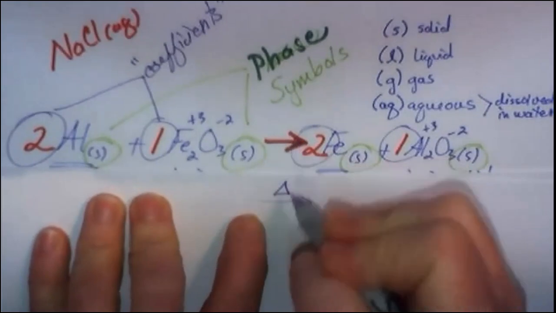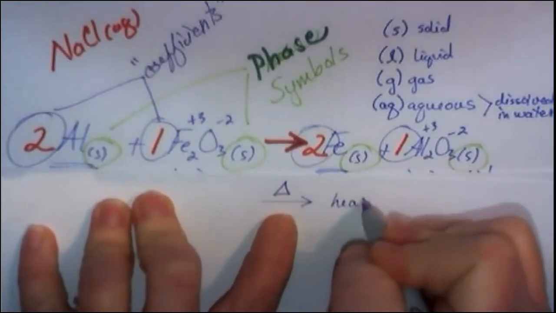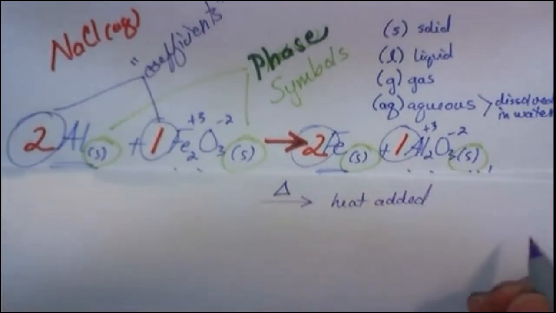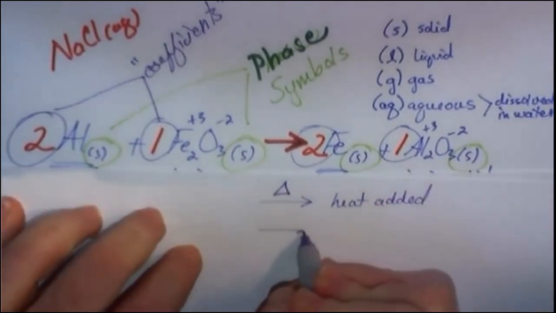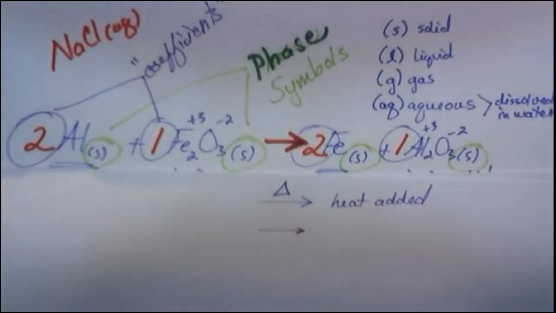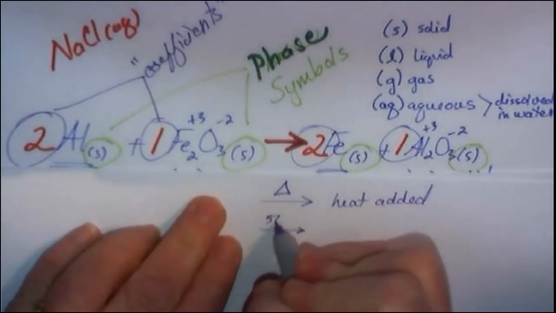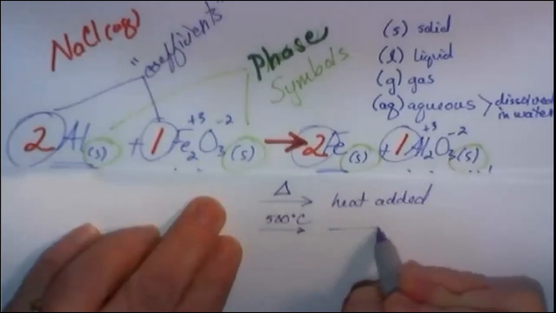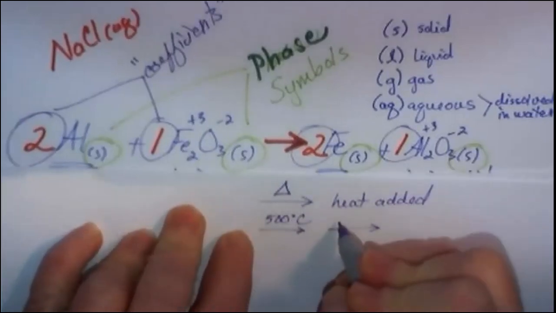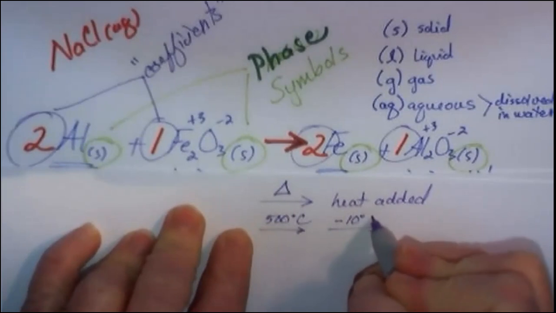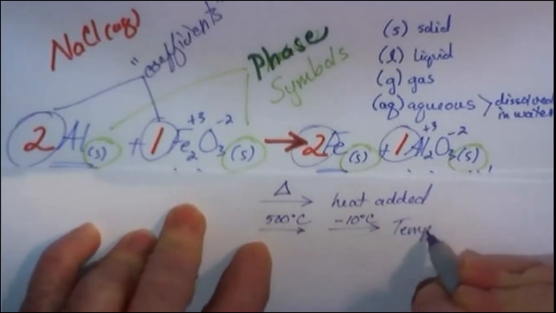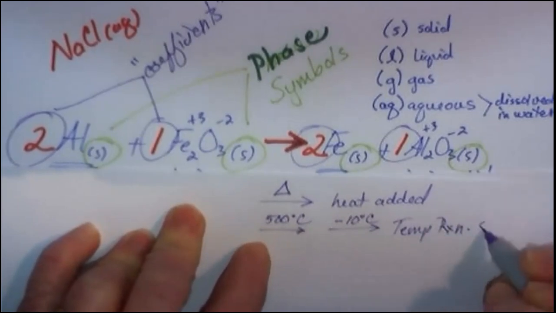An open triangle above the reaction arrow means heat was added. But you may need to run your reaction at a specific temperature. And so you could also indicate that above the arrow, especially if we need a low temperature, let's say -10. And so that would be the temperature the reaction started at.